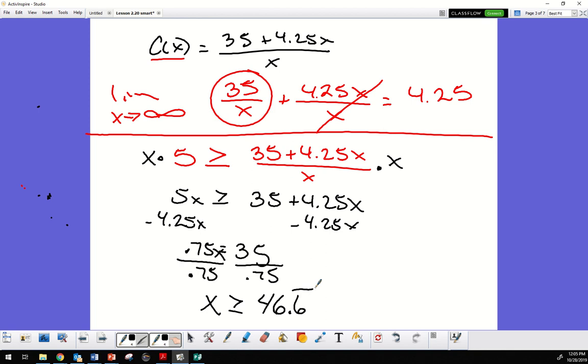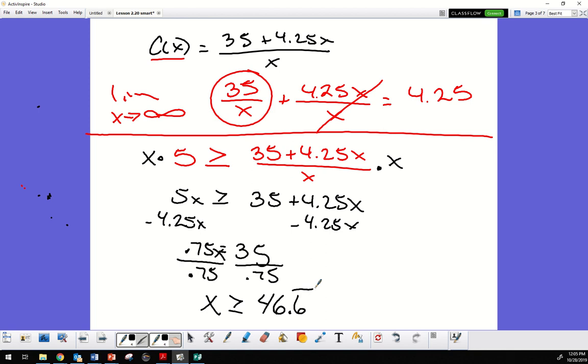Just because you buy it on sale, it doesn't mean it's half off. So, how many shirts do I have to have here to actually get this? 47. You have to go up because it's got to be a whole shirt.